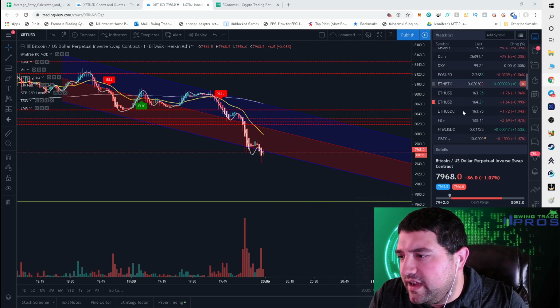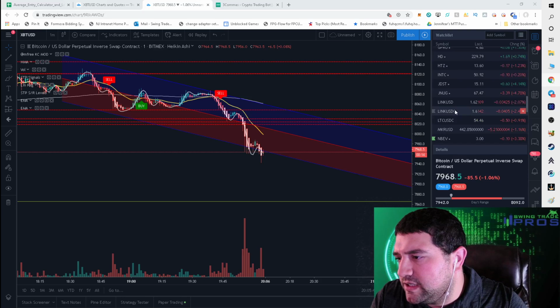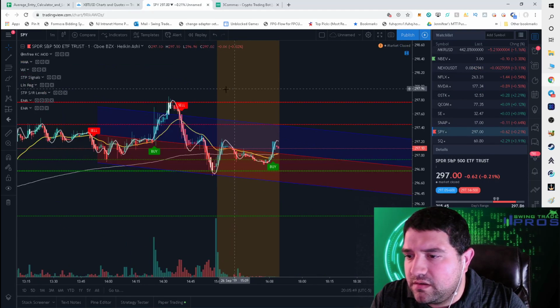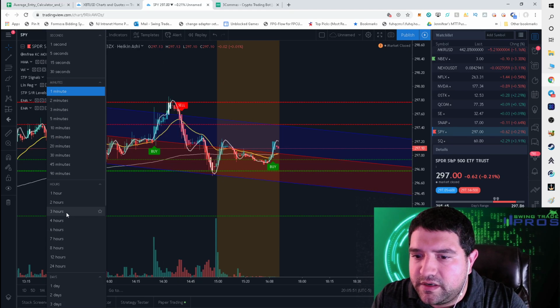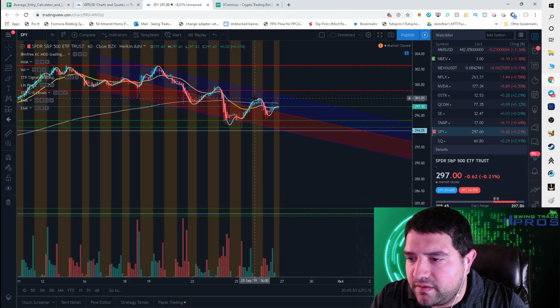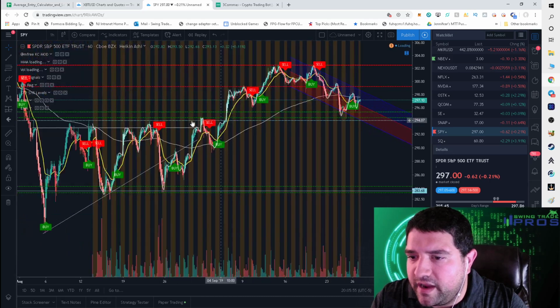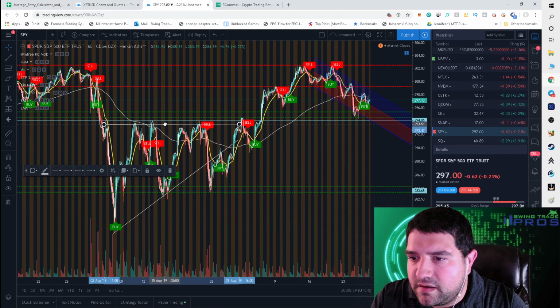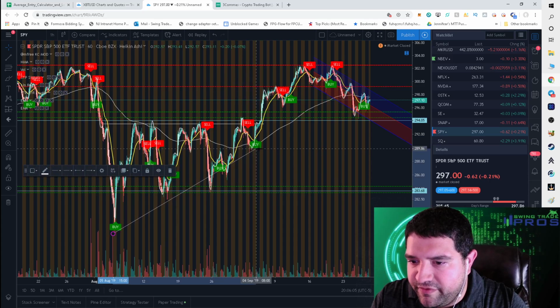Yeah, let's cover the STP index real quick, or the SPY. Let's look at an hourly. Now, I think I was talking to Todd the other night. We had this descending triangle that we formed here.